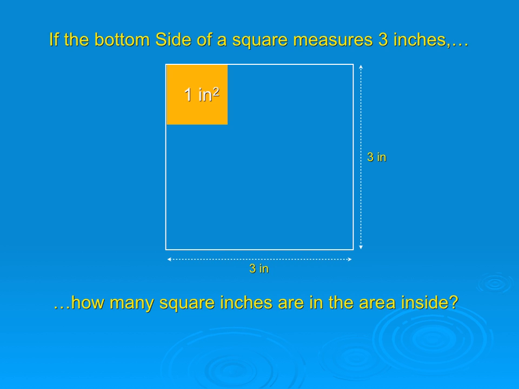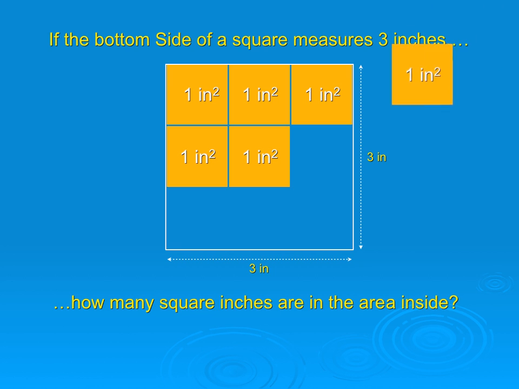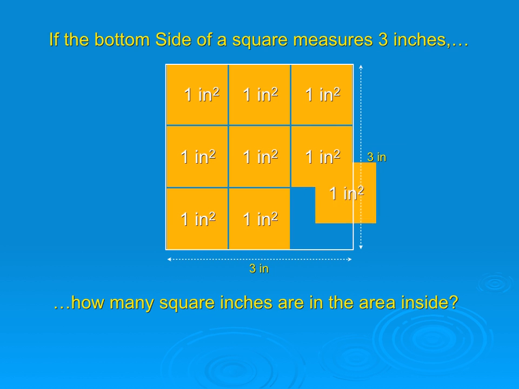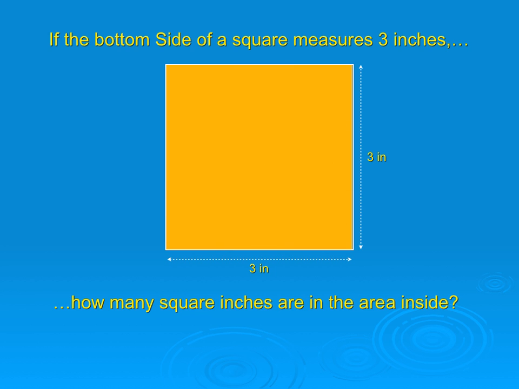Looks like there's going to be a lot of them. It takes 3 of them to fill up the top. There's a 4th. Can you tell right now how many there will be? 5, 6, 7, 8, 9. The area contains 9 square inches.